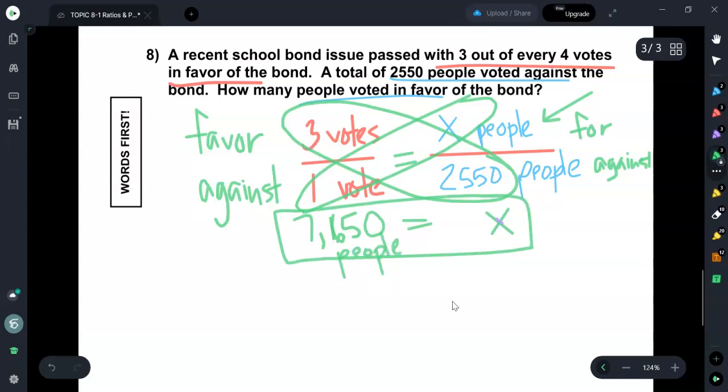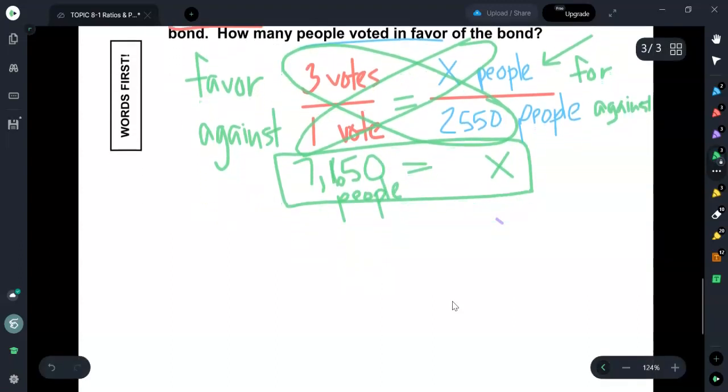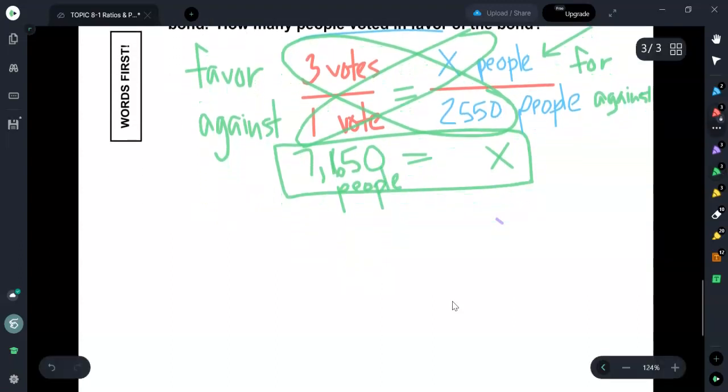Now, I could have set this up a little bit differently. Remember, I told you there's multiple ways now that you can set these up. They can be up and down from each other, the matchers, or they can be across. I could have said 3 votes went with how many people?